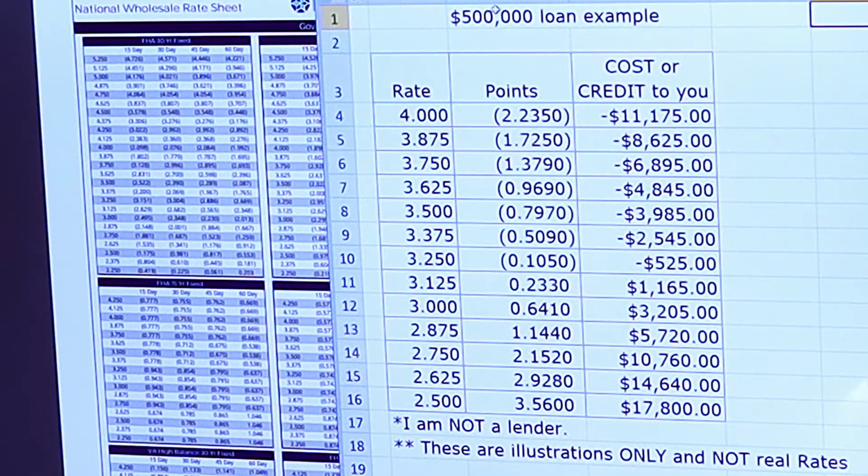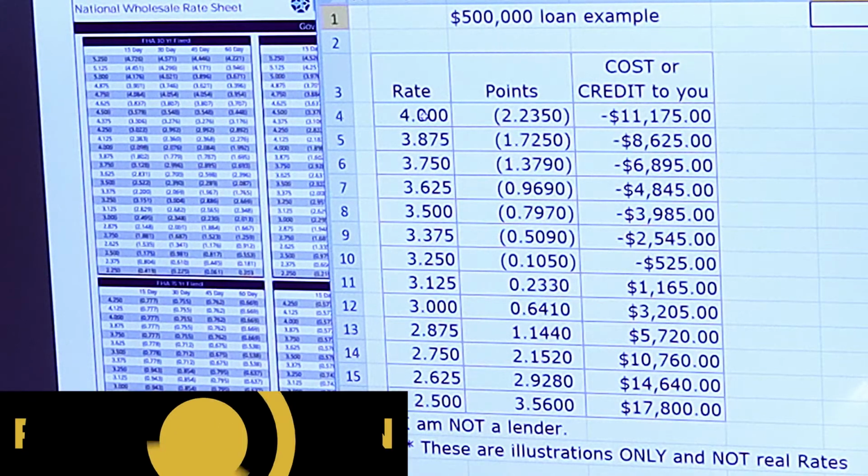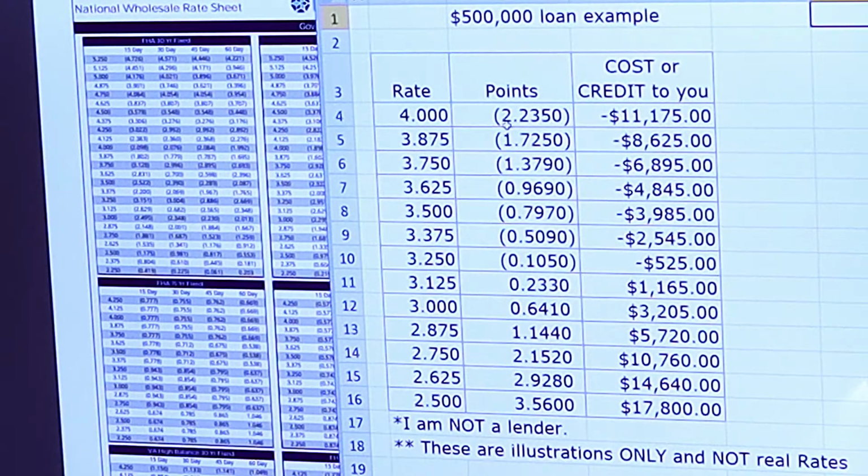On a $500,000 loan, that translates into $17,800 in upfront costs just to get that rate. Now, if you took a 4% rate, they would actually pay you 2.235 points, or the equivalent of $11,175 upfront to you to take that worse rate.